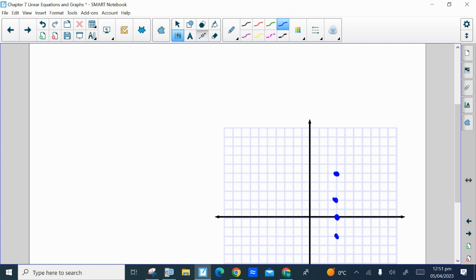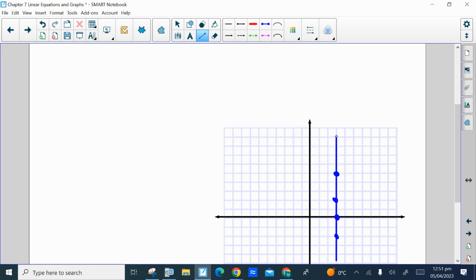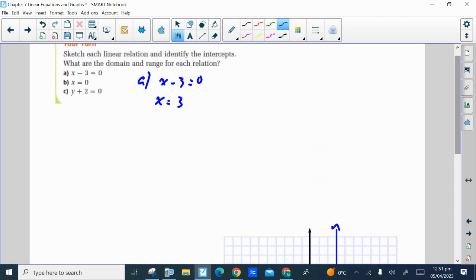When y is negative 2, x is 3. So there's that line. And our domain has only one value, 3. The graph goes up and down forever, though, so the range goes from negative to positive infinity.